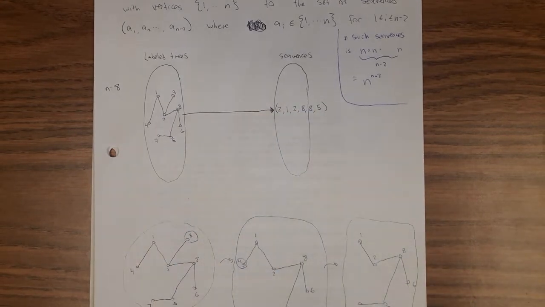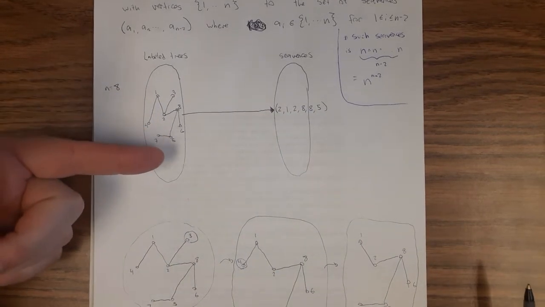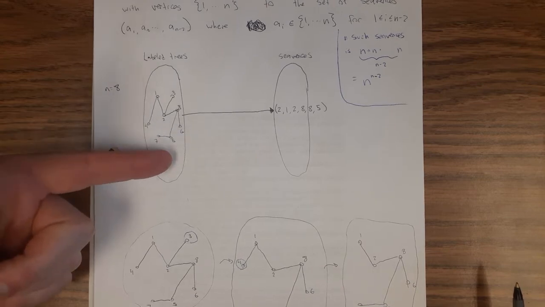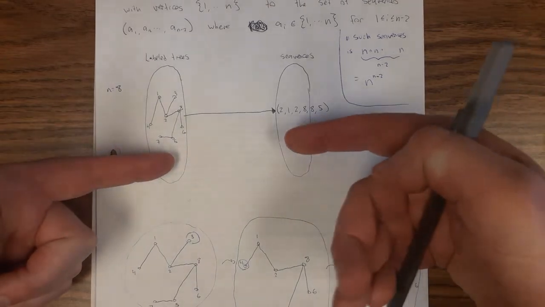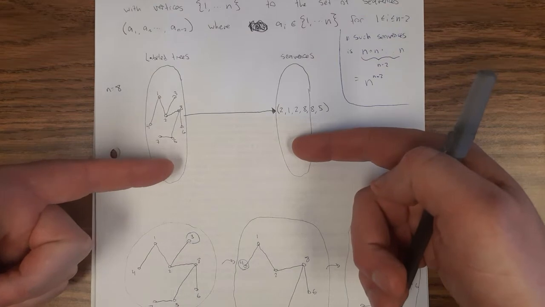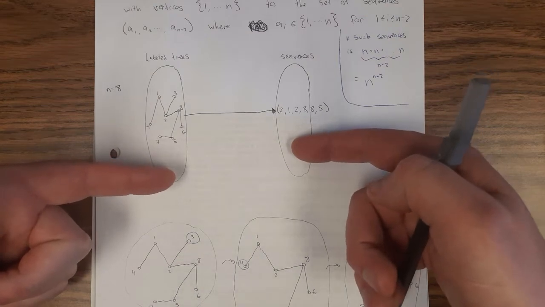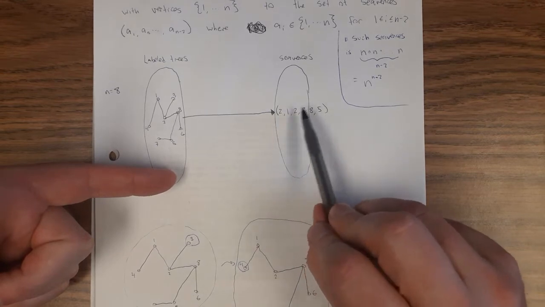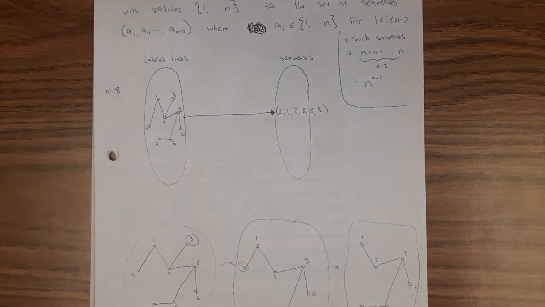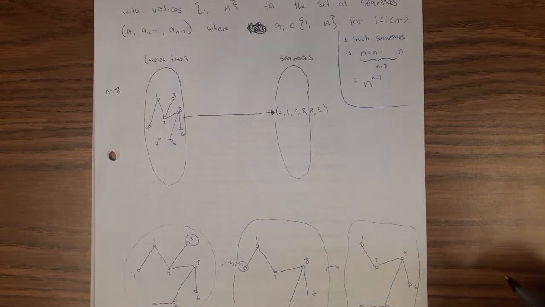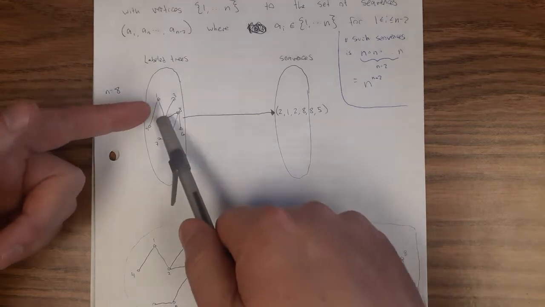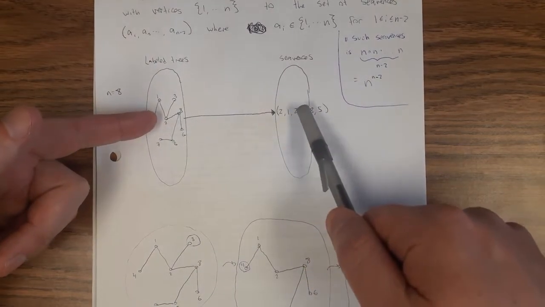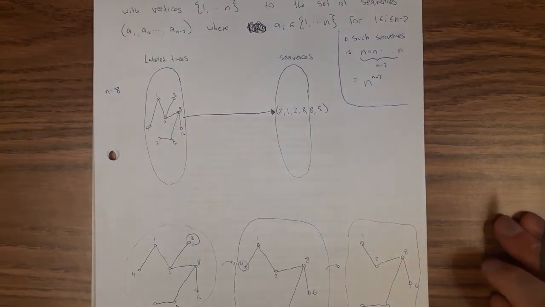And again, let me emphasize that you have to use your imagination that there are a lot of other trees in this bubble. And likewise, there are a lot of other sequences in this bubble. You have to imagine every possible sequence of length 6 whose entries can be from 1 through 8, and there's a lot of those. In fact, there's 8 to the 6th of those, and that's a huge number. But I'm telling you that this particular tree goes to this particular sequence.